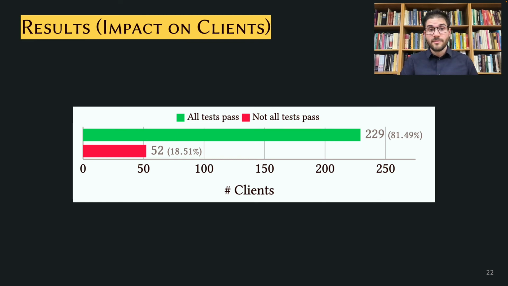Furthermore, from these clients, 81% of them pass all the tests. This means that JDBL preserves the behavior of most of the clients. We also found that 99% of the failures are due to a missing class or method, which can be easily located and fixed. This experiment shows that the risk of removing code in software libraries is limited for the clients.